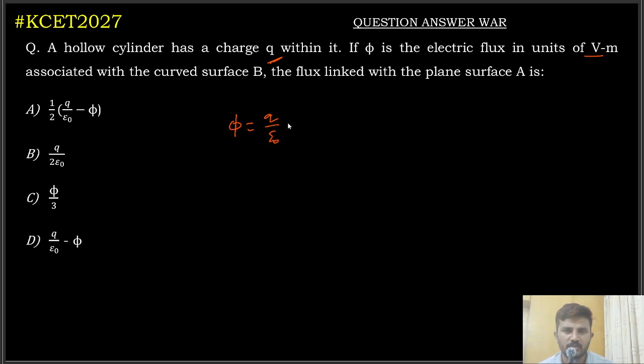That is equal to the flux through the curved surface plus the flux through the two end surfaces. If I consider the cylinder like this, we have two end surfaces and one curved surface.